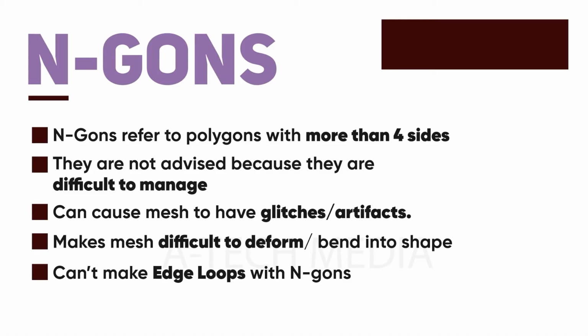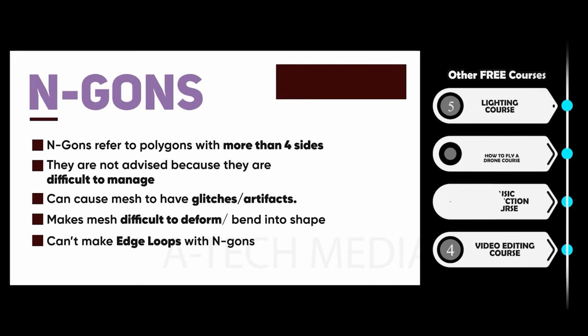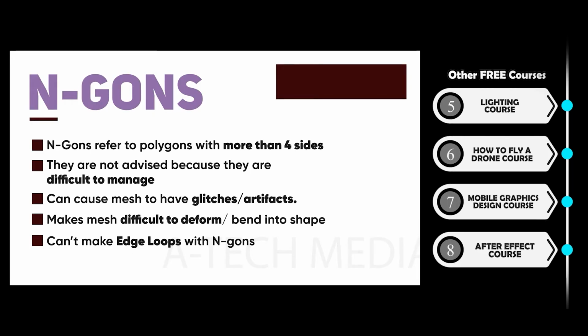Because once you have more than 4 sides, it becomes difficult to manage. Your mesh or your 3D shapes begin to have some glitches. It begins to glitch out. It begins to have artifacts. It becomes very difficult to deform, and you might have difficulty creating things like edge loops and all that, but you'll find out more about that.